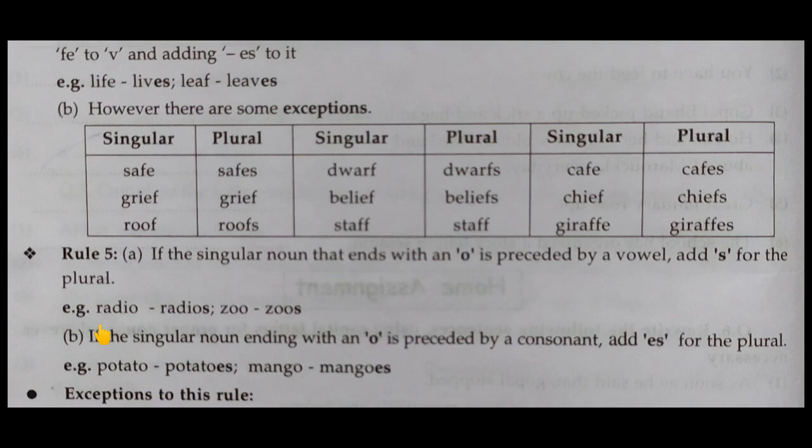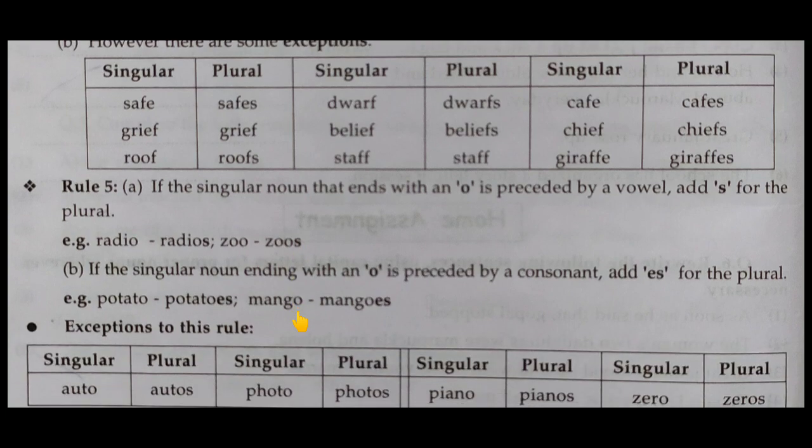See the example. Radio: it ends with o and is preceded by the vowel i, so we have just added s to it. Second is zoo. It also ends with o and is preceded by the vowel o, so we just added s to its plural form. So these are simple rules.